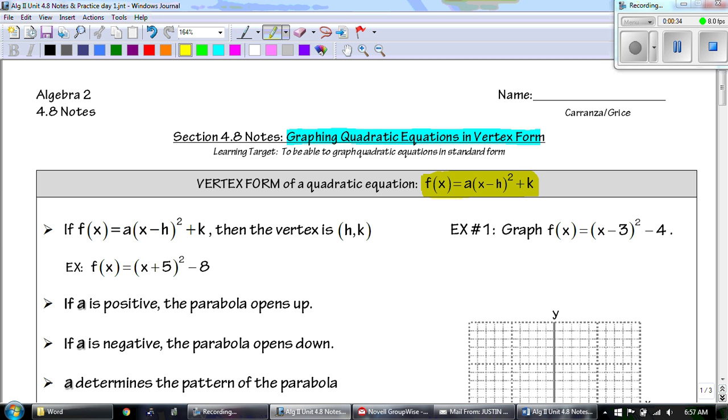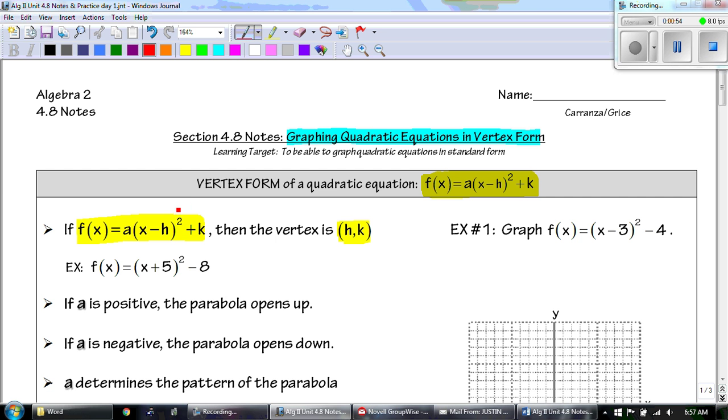So, don't be worried about it. It's not that bad. You've seen this before when we were solving. So if f of x equals (x minus h) squared plus k, then the vertex is (h, k).